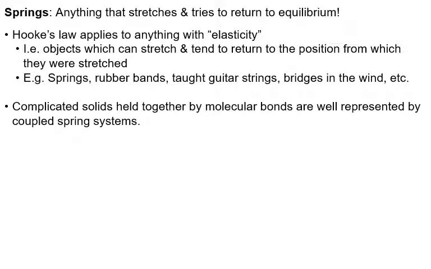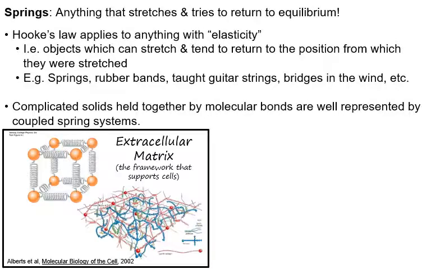So also really interestingly, if you have a really complicated solid, like we're talking about a relatively microscopic object here that's held together by molecular bonds, you can represent this by a system of coupled springs. So this is actually still used for practical research today.